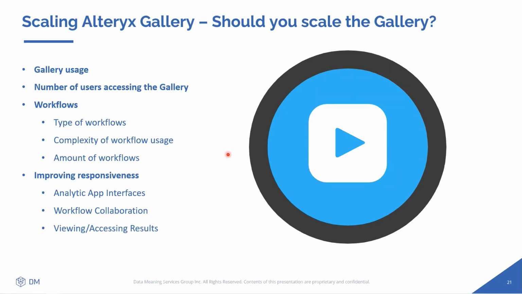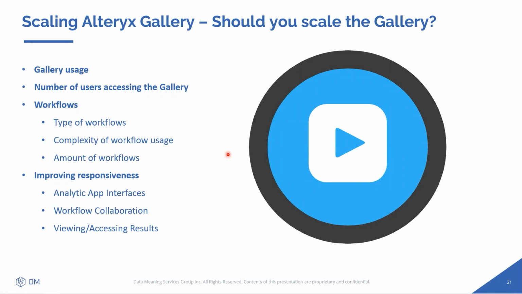Simple workflows are very straightforward for us to control. But when you start including more complexity in the workflow, it can be predictive, it can be spatial, it can be heavier data sets, or it can be a very complex data preparation workflow with more than 500 tools.